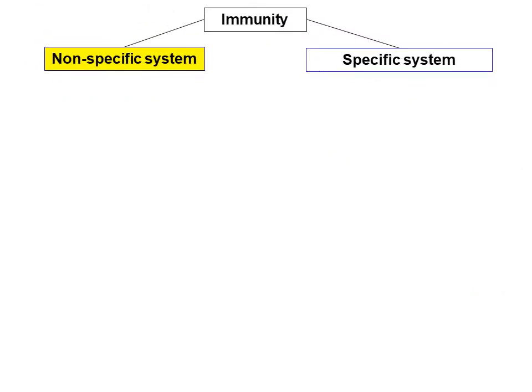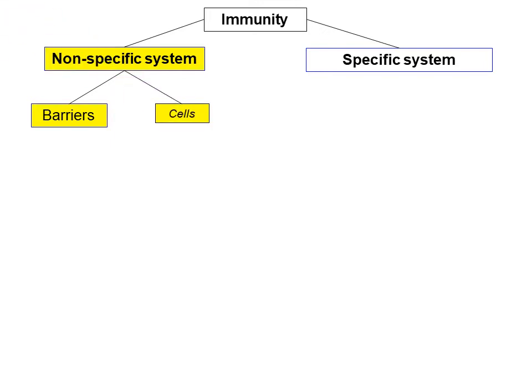So our immune system is divided into two halves, the non-specific system and the specific system. And we're going to first of all today have a look at the non-specific system. The non-specific system is divided into two halves. The first half are the physical barriers, the ways in which we stop those diseases getting into the system in the first place. So they're really important. They probably form the most important part of our immune system.